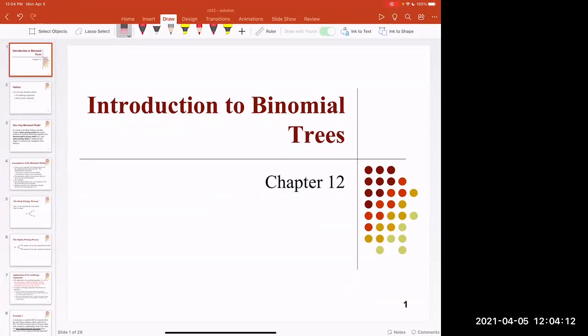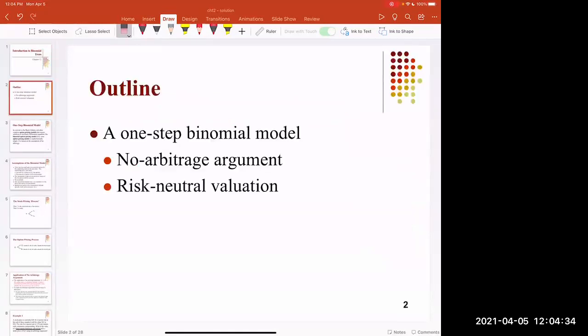So this chapter talks about the binomial tree to determine the option price, call price, and put price. You might have learned this in another class, but in our class, we're gonna use 2 different approaches to demonstrate they are the same. You might not have learned this approach in other classes, so you need to learn it here. We're just gonna talk about one step. You might learn multiple steps, 2 steps, 3 steps, but 1 step is the basic. As long as you know one step, you'll be able to do multiple steps.